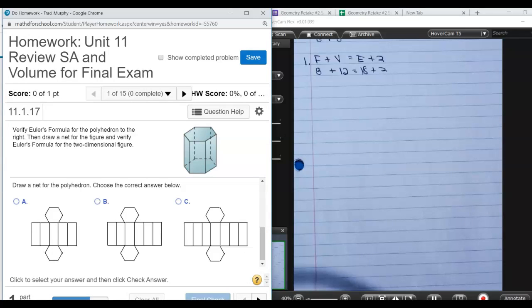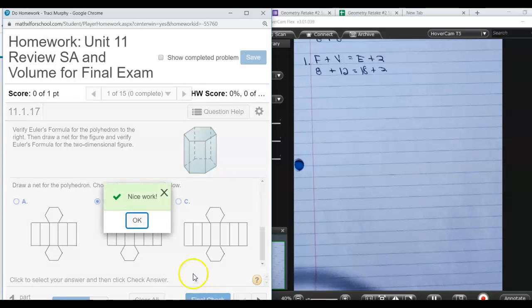Next question, they want us to name or draw a net for it. So I'm just confirming I need a total of 6 rectangular faces, which is right there. The first one only has 5, the last one has 7.